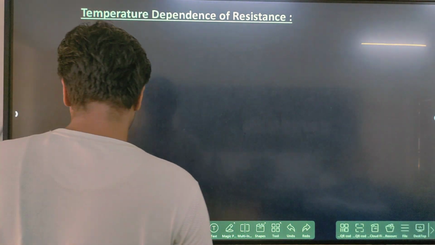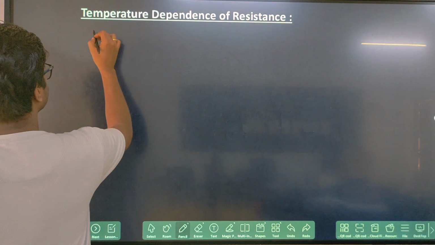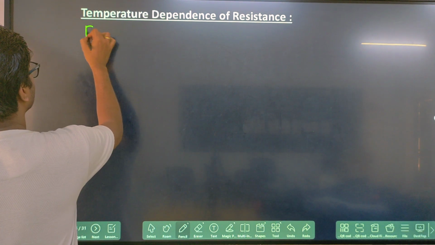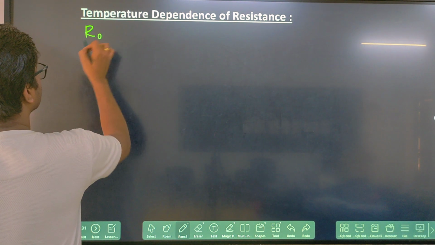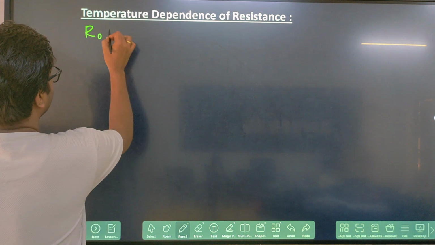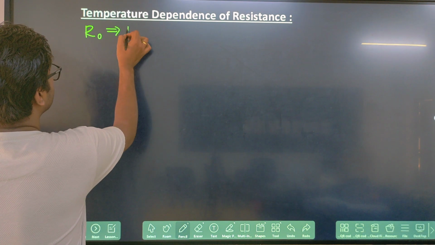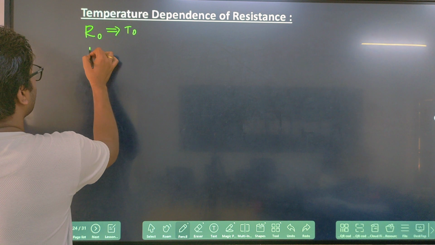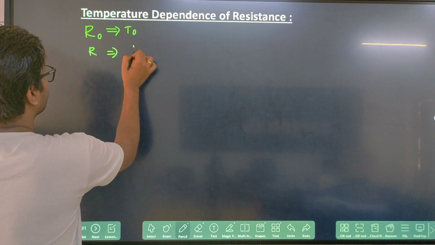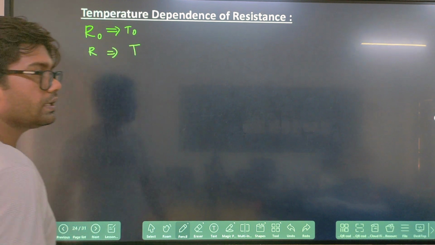So what basically happens is, let's say R naught is the resistance at temperature T naught and R is the resistance at temperature T, right?